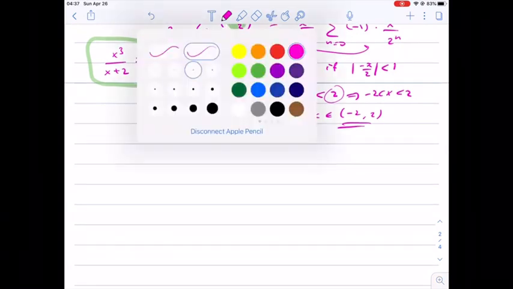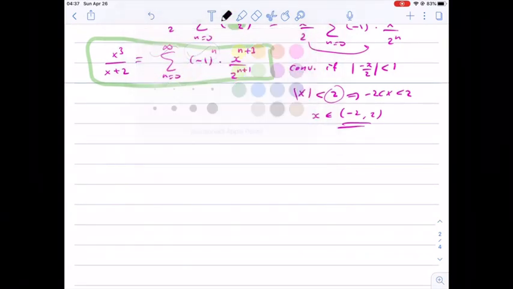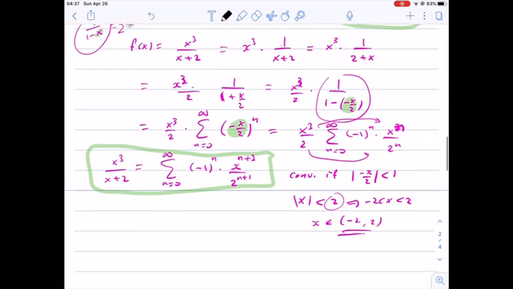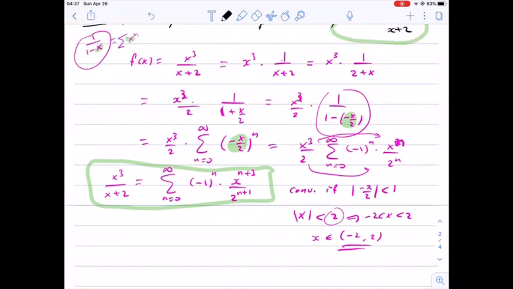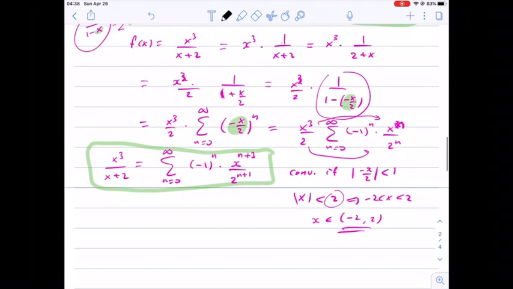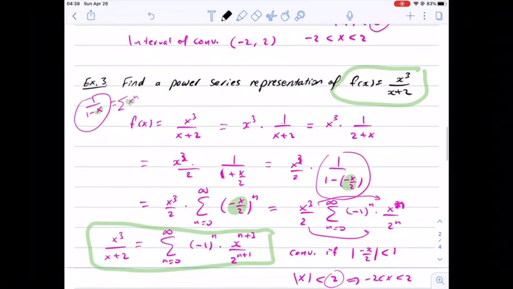Now, sometimes it's not easy to write the function directly, or by manipulating the function or the power series to represent it, as we did in the previous examples. In those 3 examples, we started with the function and tried to write it in the form of our geometric series.